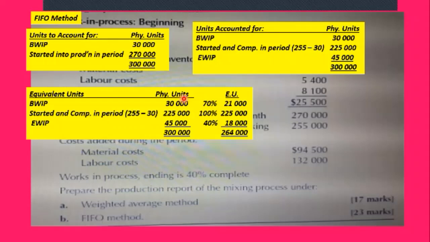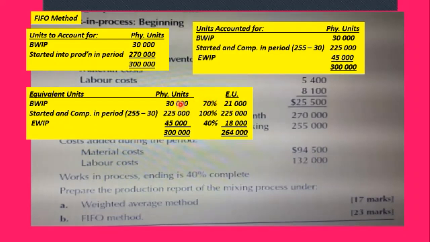The FIFO method especially takes into consideration only the work that is done during the period. So the 30% that is done on this in the previous period is not taken into consideration. What you do is take into consideration the 70% that will be completed in your period.